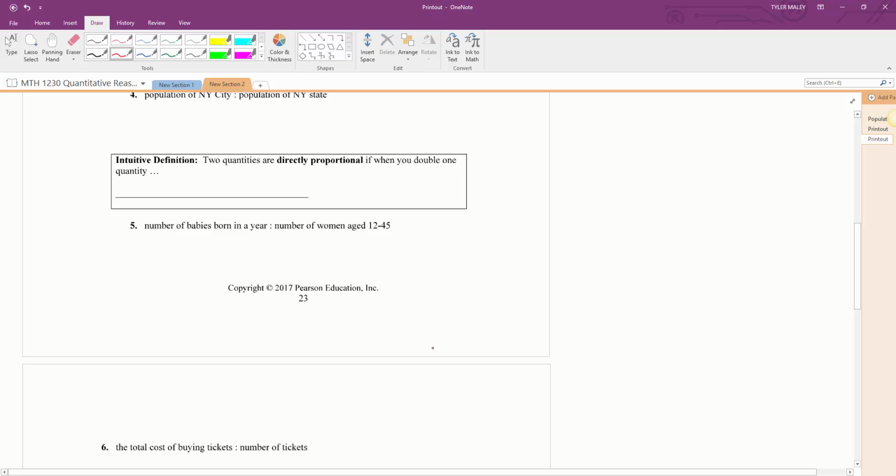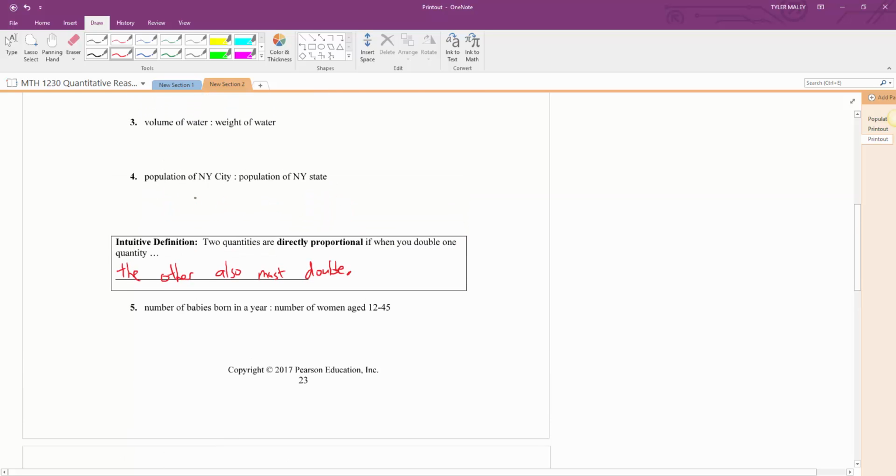It says two quantities are directly proportional if, when you double one quantity, the other also must double. As I was saying before, we can use this intuitive definition to think about the situation that we're in. Is it going to be proportional or not?